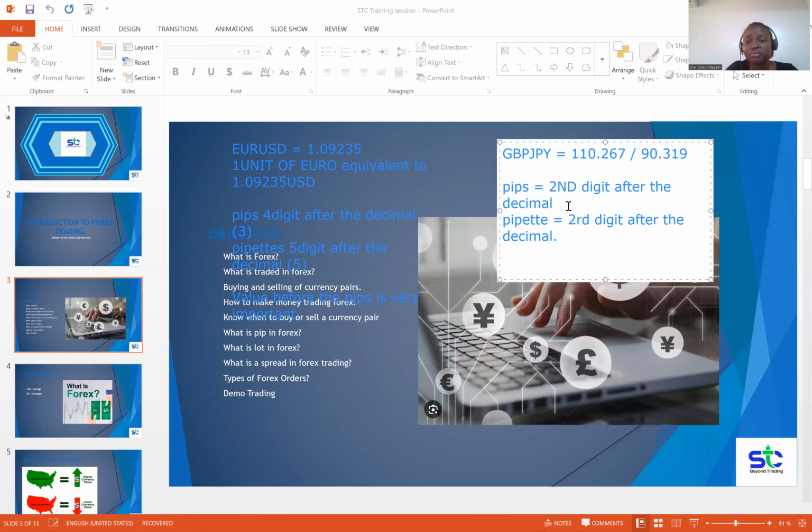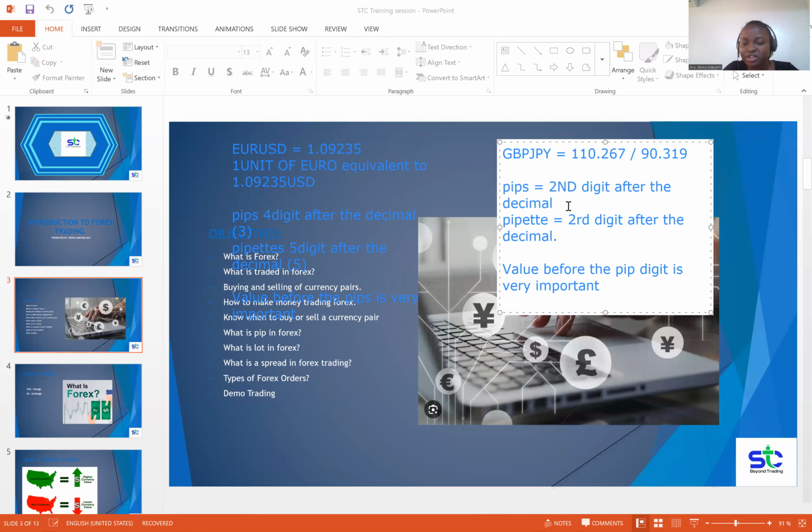It's not important, but any value before the pip digits is very important, not just important. Now, this is just an explanation for you to understand how pips work.